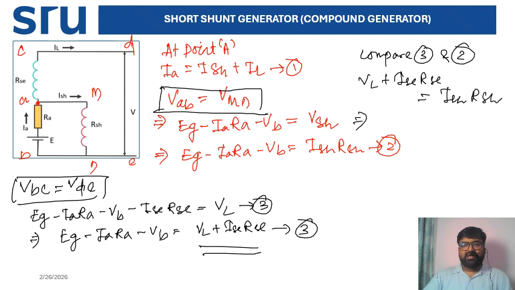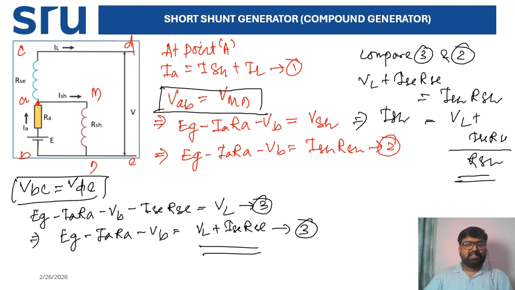There is nothing difficult. ISH equal to VL plus ISC into RSC divided by RSH. But during this type of problem, you have to remember to write all the equations like this, and as per the parameters given, you can easily calculate all this.